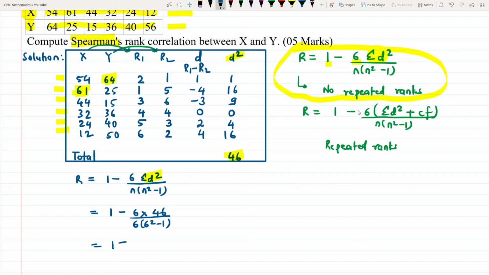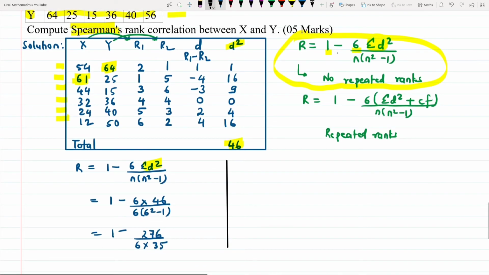Now 6 into 46 is 276 on the calculator. And in the denominator we have 6 multiplied by 6 squared, which is 36, and 36 minus 1 is 35. Continuing further, we have R is equal to 1 minus 276 divided by 6 into 35, which is 210.